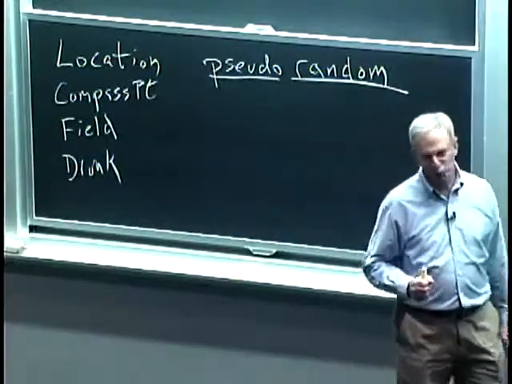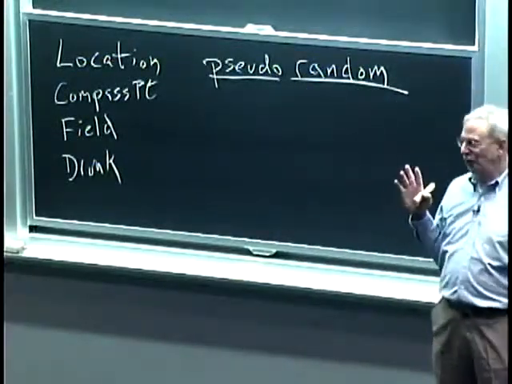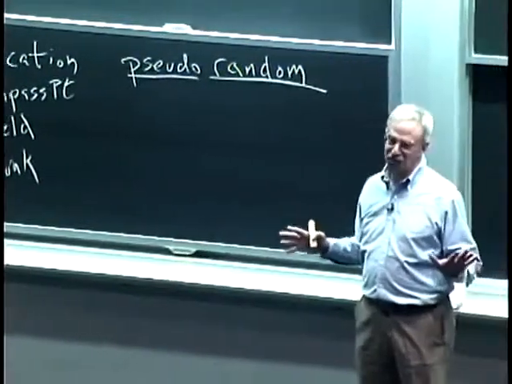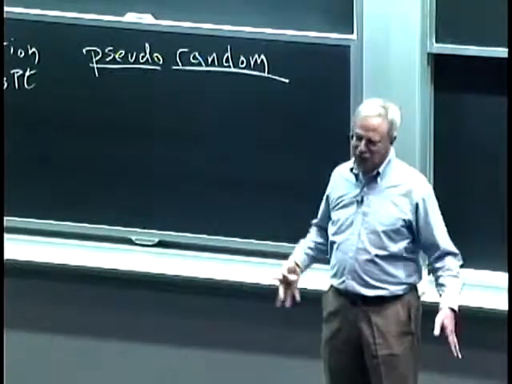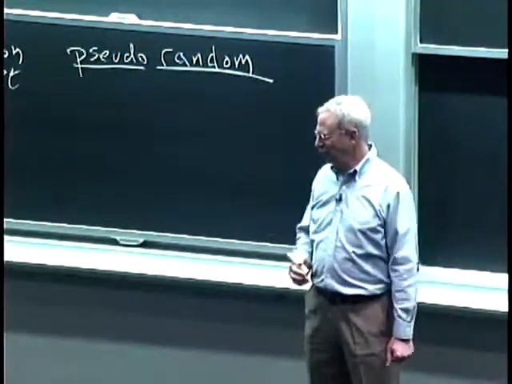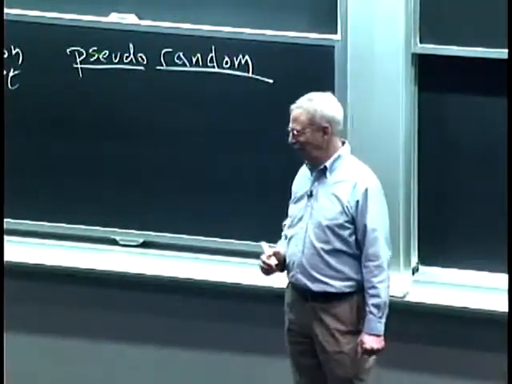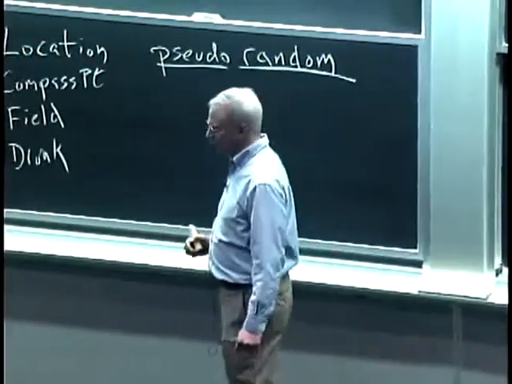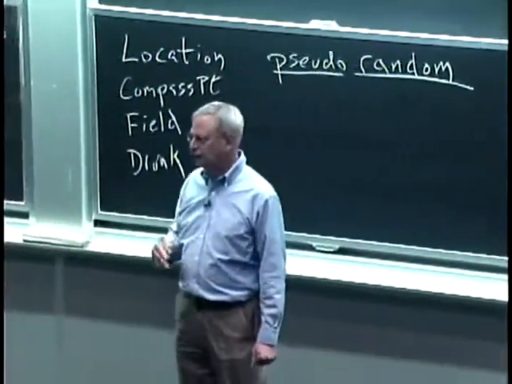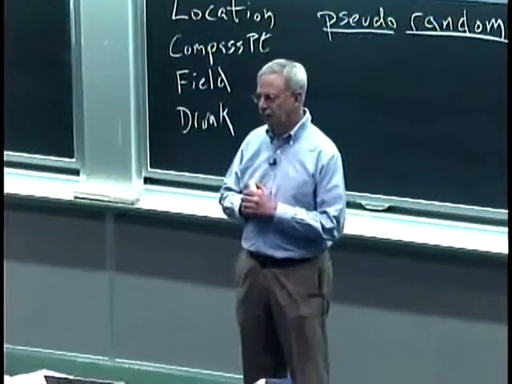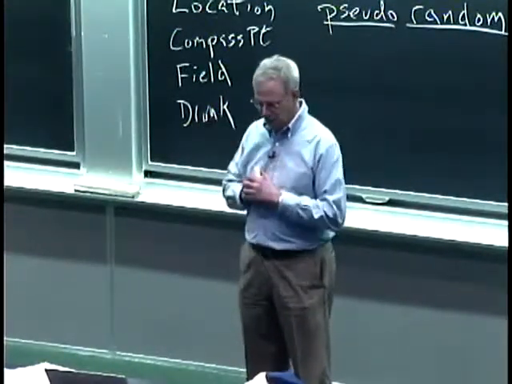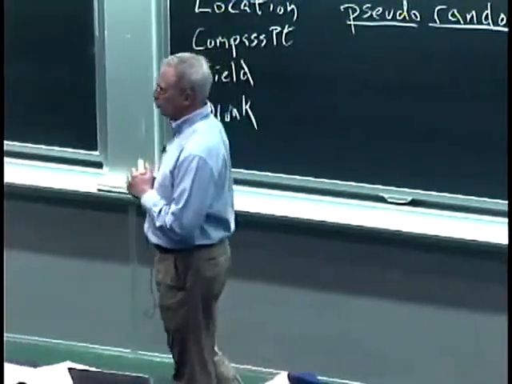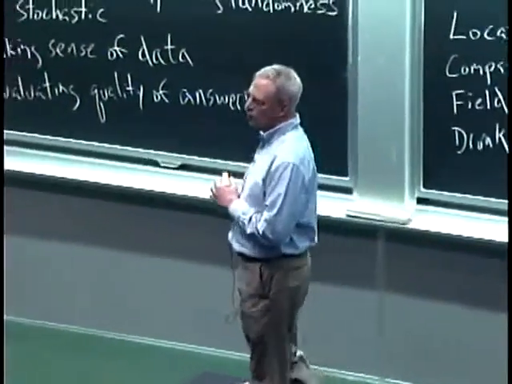But since the computer is in itself a deterministic machine, it's not really random. But it's so close to random that we might as well pretend it is. You can't tell that it isn't. So we'll import random. That will let us make random guesses of things like, give me a random number between 0 and 1. And it will give you a random number. And finally, something called PyLab. Has anyone here used MATLAB?